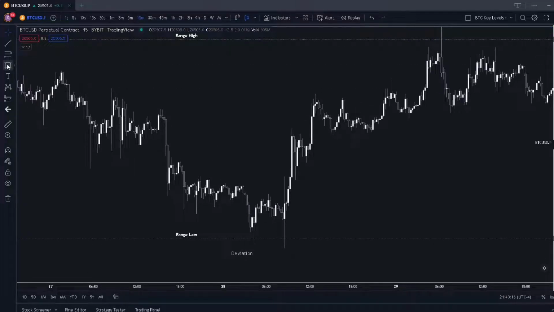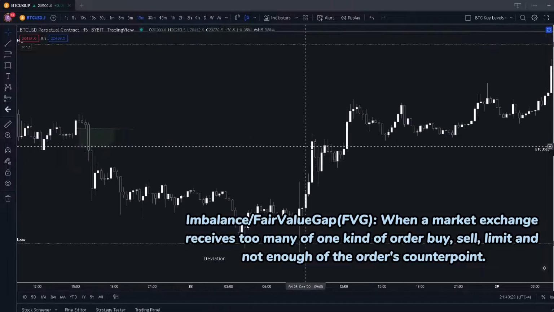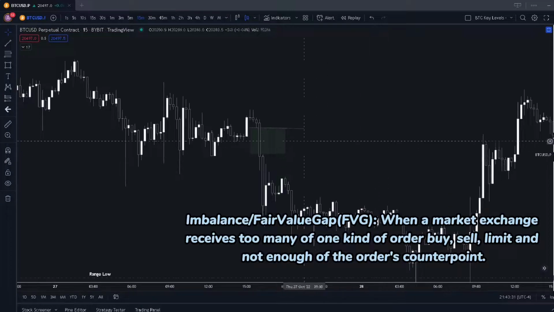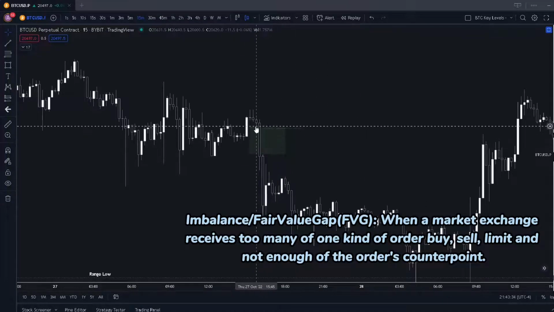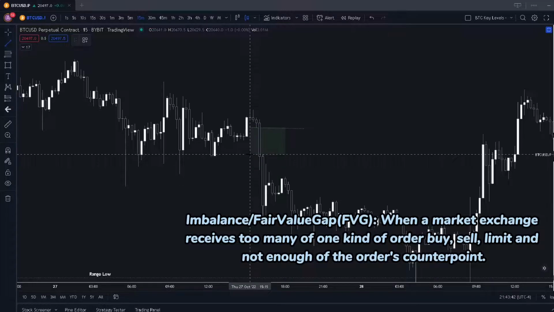So this is what I'll show you. As you can see, we have a gap right here between the two candles. I'll draw a line right here, showing that from this middle candle, let me zoom in, the wick from the candle above it doesn't close the entire body, and alternately the wick from the candle below it also doesn't close the entire body.